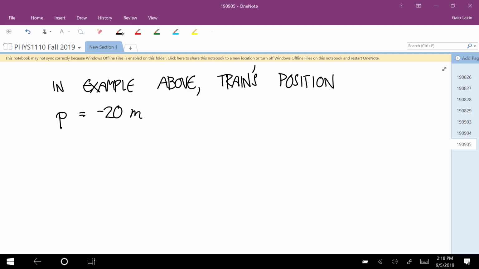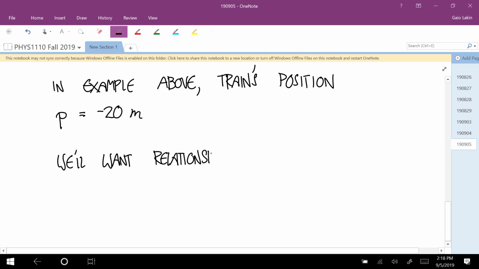We're going to usually want to be tracking the position of an object as time changes. So we need a relationship between position and time.